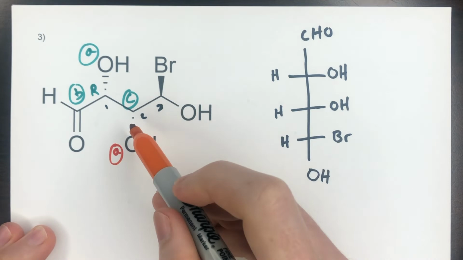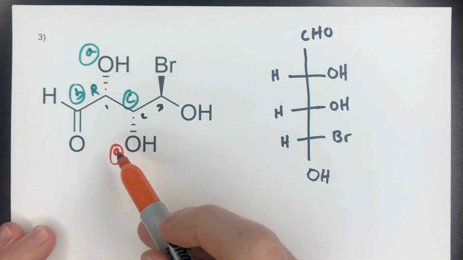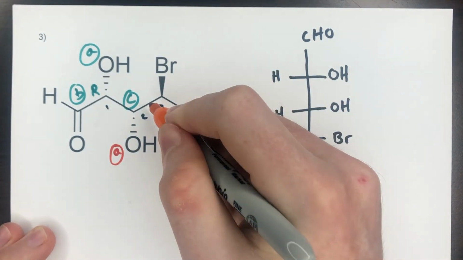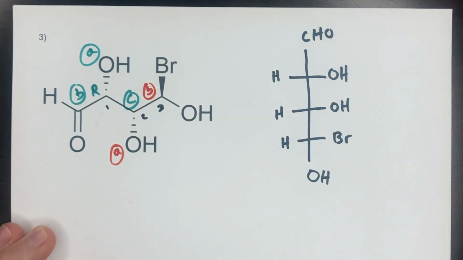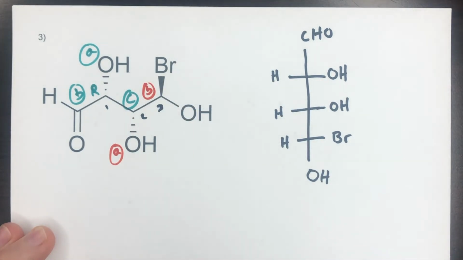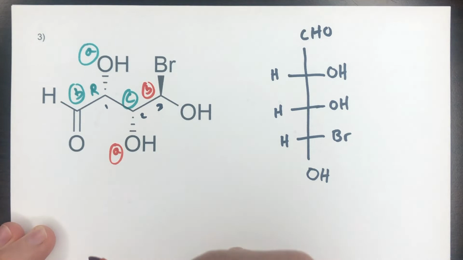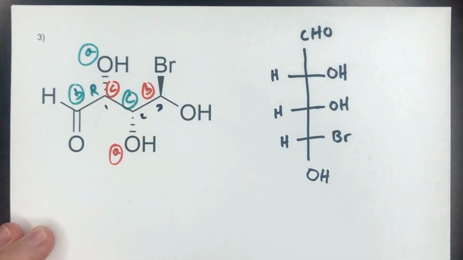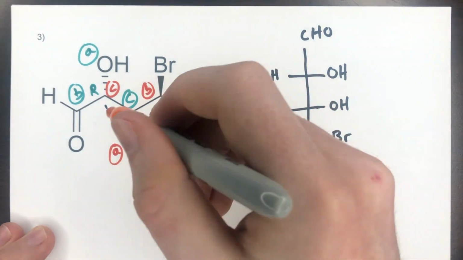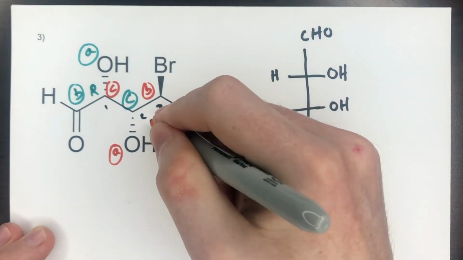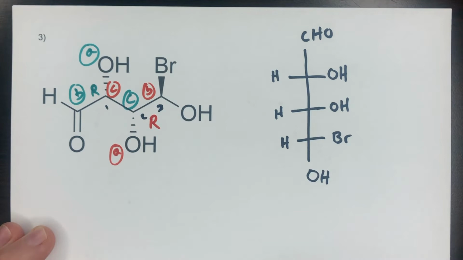Then we have a carbon bound to a bromine or a carbon bound to an oxygen. So the carbon bound to the bromine is a higher priority because the bromine is a higher atomic mass, a higher atomic number. And then C is this carbon, and the hydrogen is in the front coming out of the plane. So this looks like S. The hydrogen's out of the plane like we said, so this is actually R.